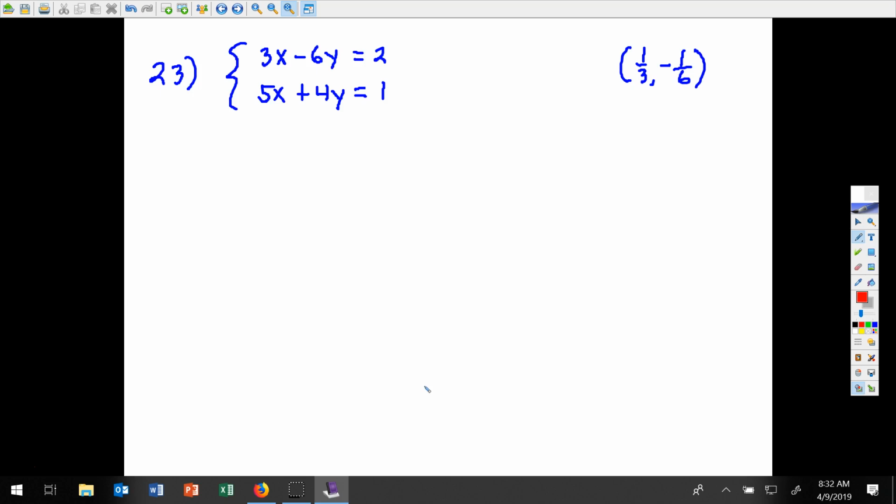John? Okay, and you're trying to eliminate which variable here? Okay. Okay, does it really matter if you do 3 or negative 3? No. What will it determine, though?